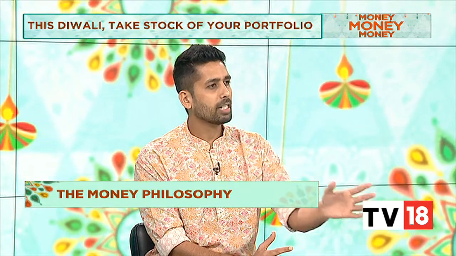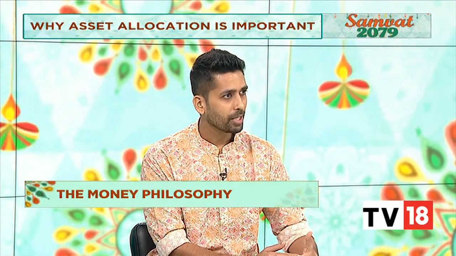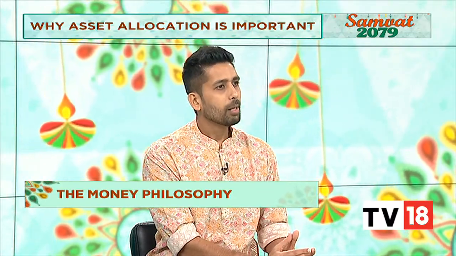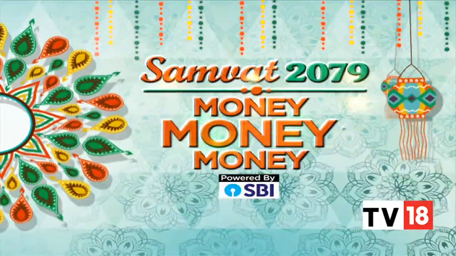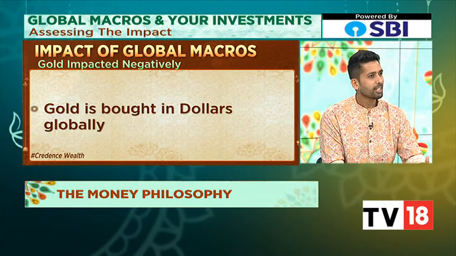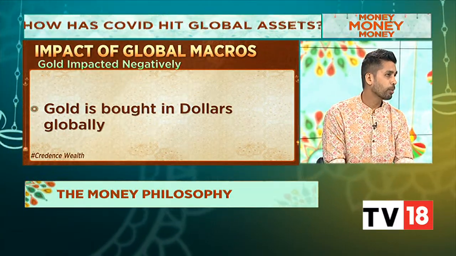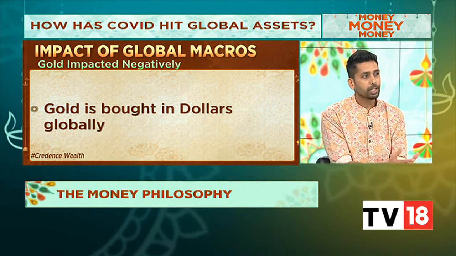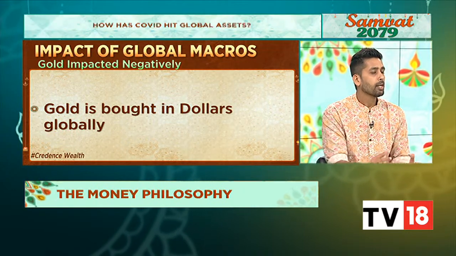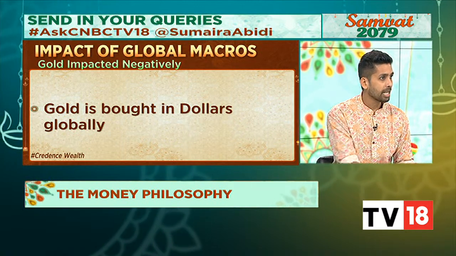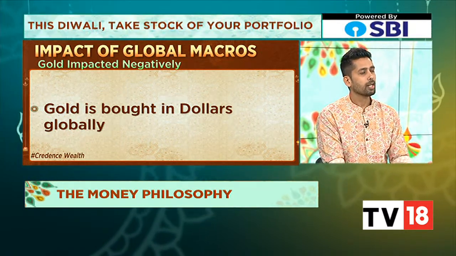So when interest rates are high, money automatically starts flowing towards fixed income, and gold is not a very large preference at that time, right? So currently what is happening is interest rates are going up, and hence a lot of money can flow into equity. A lot of money flew into fixed income, but we didn't see a lot of money come into gold, and hence in dollar returns, gold was minus 7%, right? The last 1 year that we are talking about.